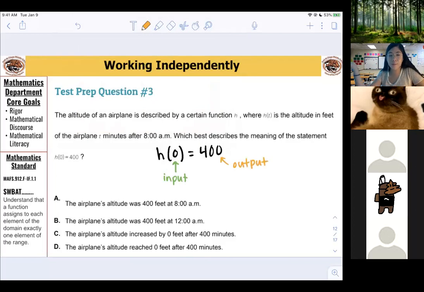Now, what is the input representing? Or which variable is the input? T. And what does T represent?